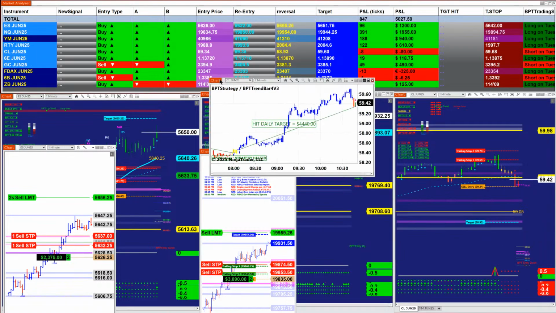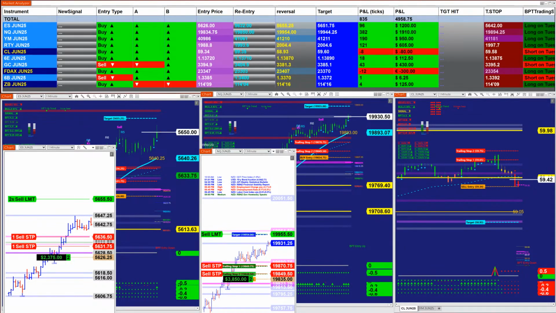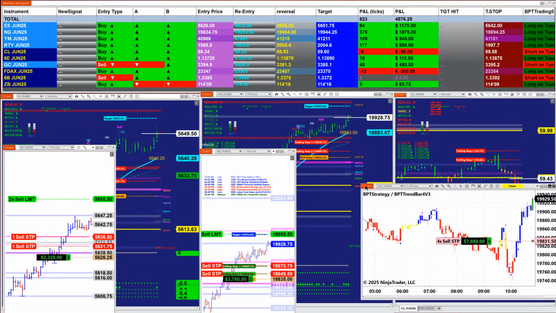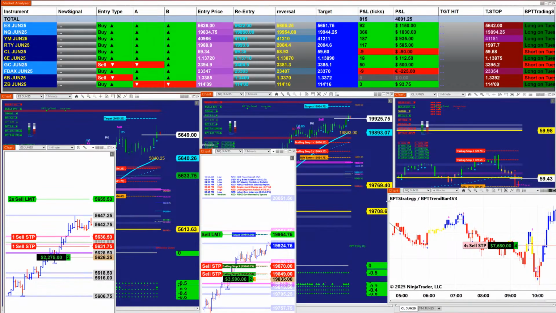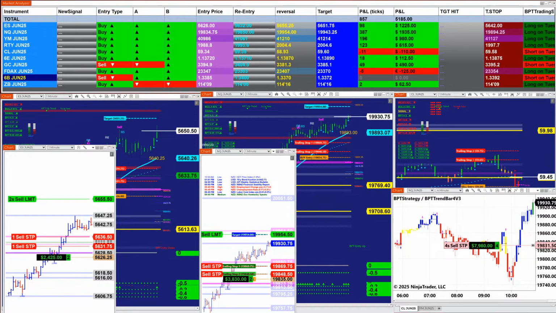The CL finished at 4,400. On the swing trading, on the Nasdaq, we're doing fine, and ES as well. We're doing very fine on the ES. It is 4,650.